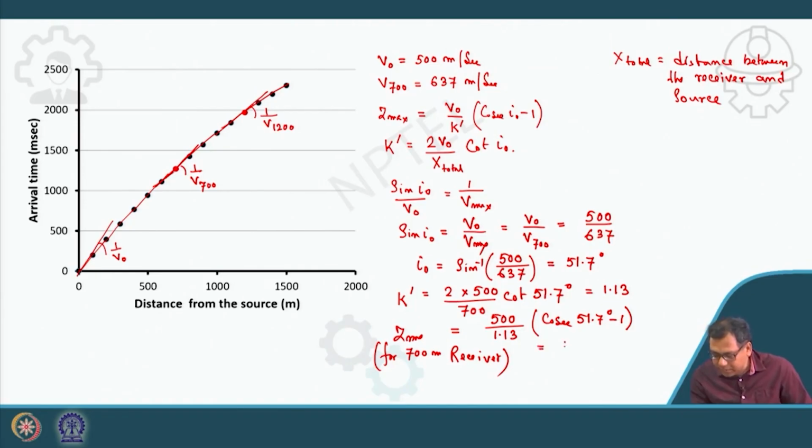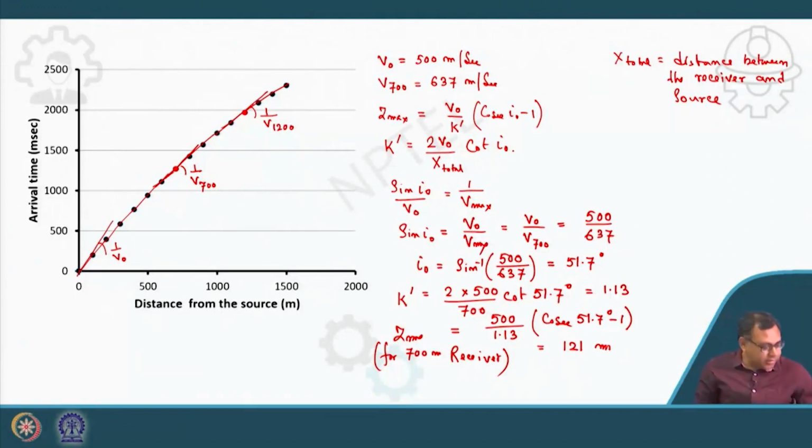So this is 121 meter. So that means the wave which is received by the receiver placed at 700 meter from the source will travel a maximum depth of 121 meter from the ground.